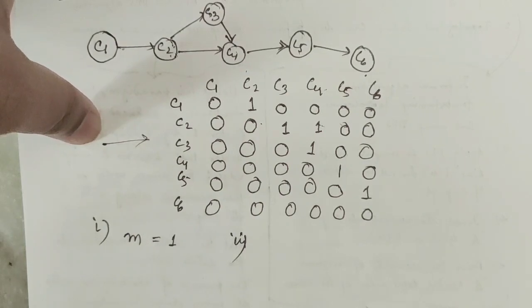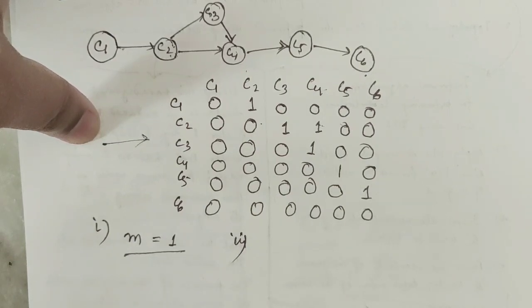After that, if a column is found, then assign m to the node and increment m. Okay, after that, delete the found column along with its row.